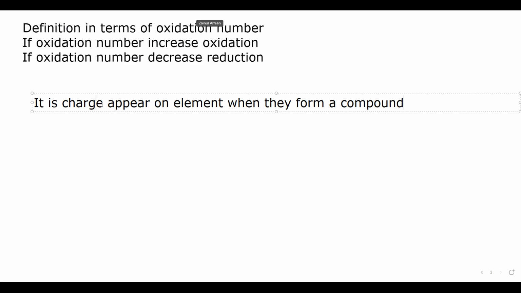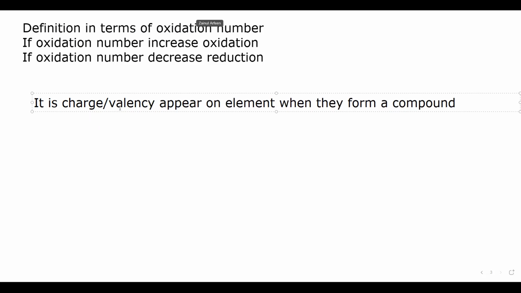So it is a charge, or we can also say a valency, that appears on the element when they are forming a compound. Group 1 valency +1, group 2 +2, group 3 +3, and so on.